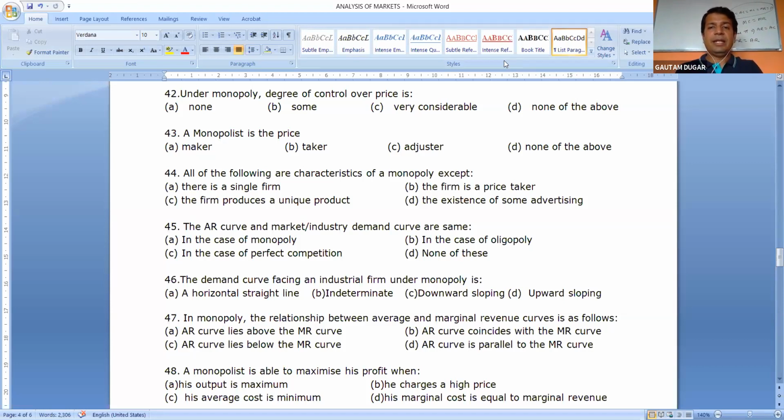44. All the following are characteristics of monopoly except: single firm, that is a monopoly feature. So A cannot be the answer. Except, firm is a price taker. That is not a characteristic, so B is the correct answer. 44 is B, correct. Good response coming in. 45.